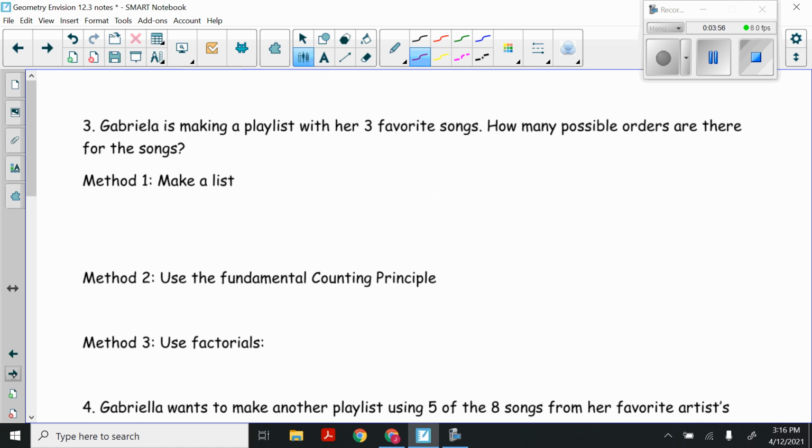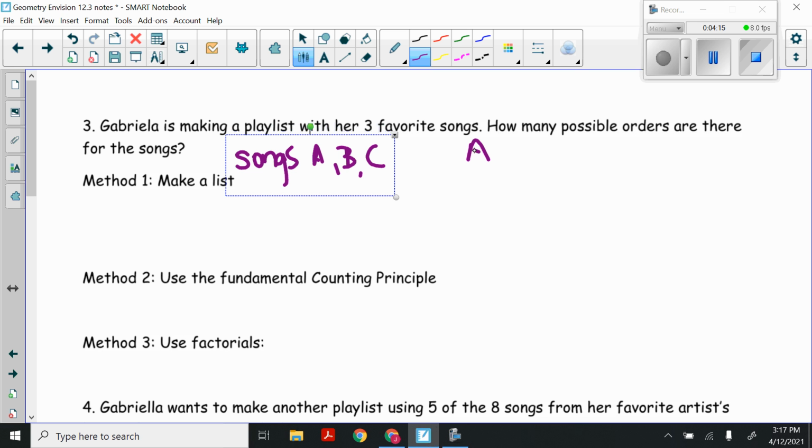So number 3, Gabriella is making a playlist with her 3 favorite songs. How many possible orders are there for the songs? So first we're going to make a list. We'll call the songs A, B, and C. So let's look at the order.